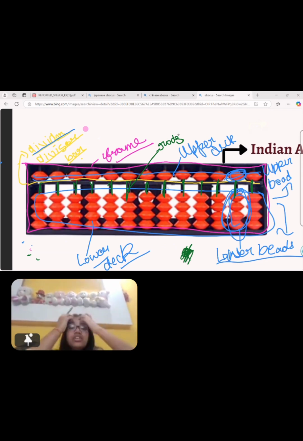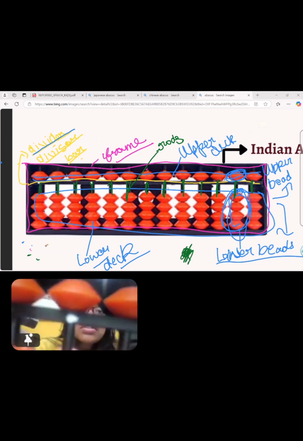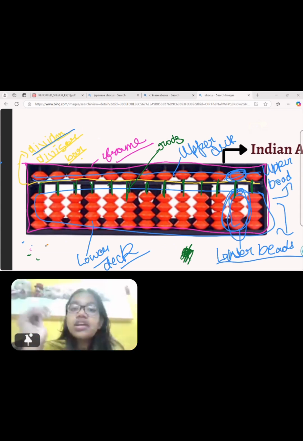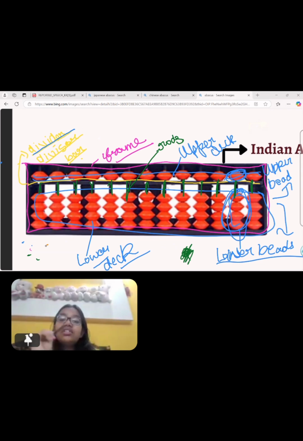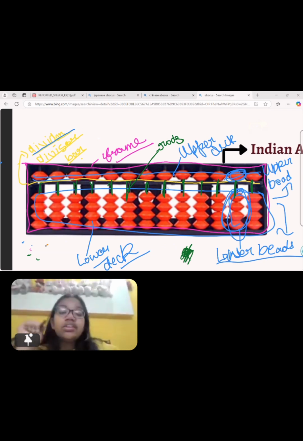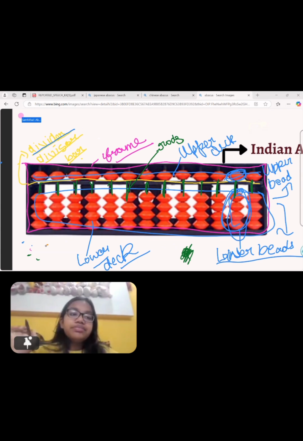Yes. So now what are monitors? Can you see these white dots on your abacus? Small white dots. Yes, ma'am. Now these white dots are called the monitors, or you can also say the white dots or anything you want, but mainly they're called monitors only.